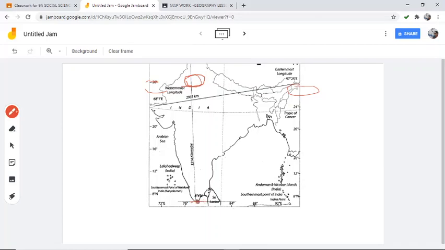Draw a line here, and write what is given here, 8 degrees 4 minutes north latitude. Got it? So this is the southernmost latitude of India, 8 degrees 4 minutes north latitude.